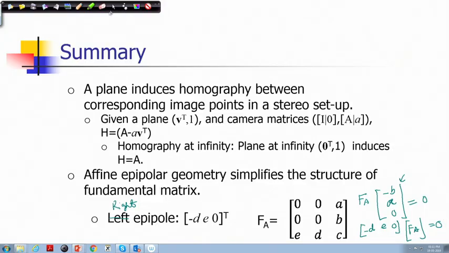So, please note this correction once again here also. Left epipole is the epipole at the left image plane and right epipole is the epipole at the right image plane.